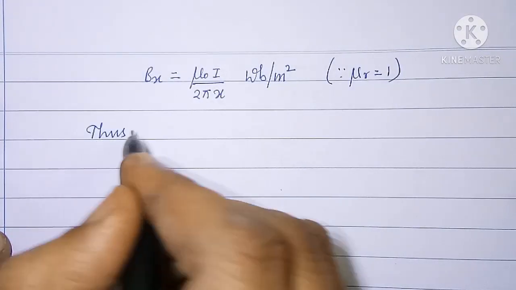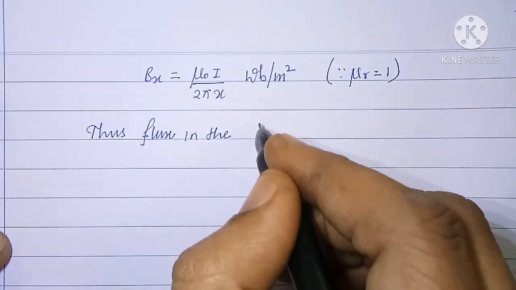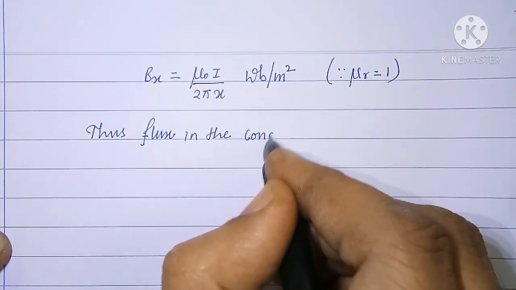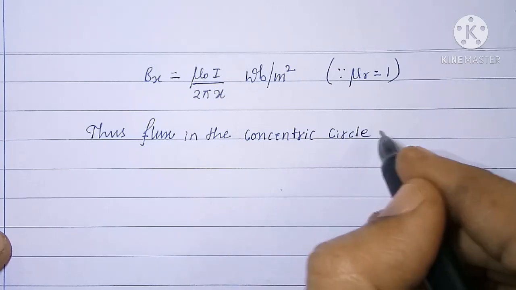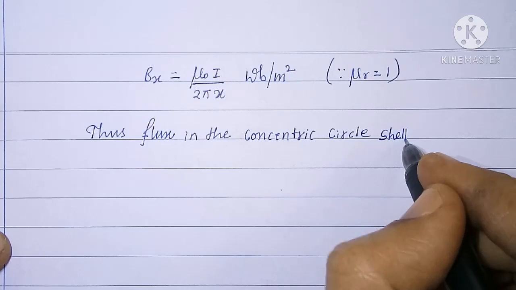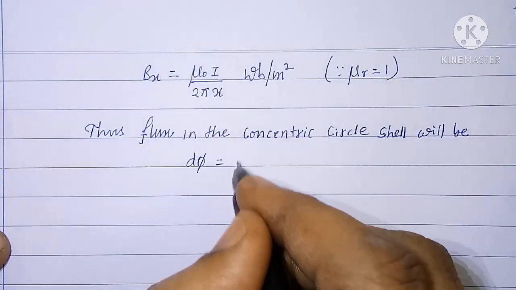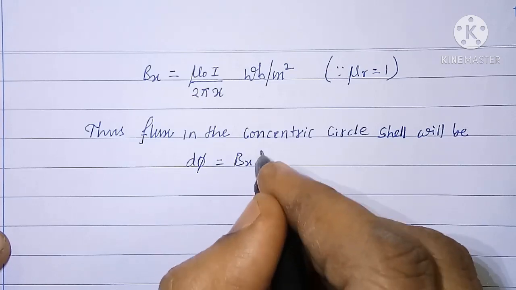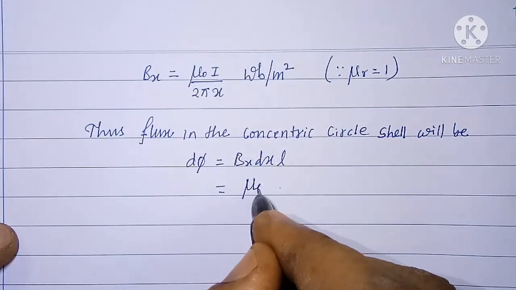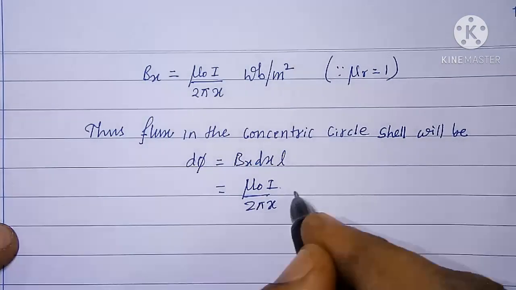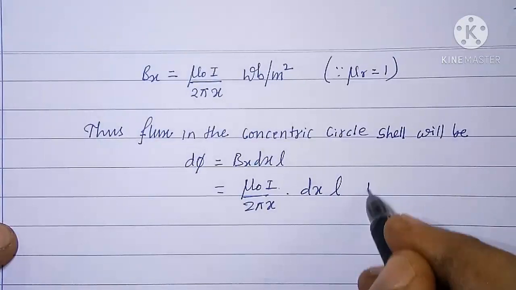Thus flux in the concentric circle shell will be dφ equal to Bx into dx into L, that is μ0 I upon 2π x into dx into L Webers.